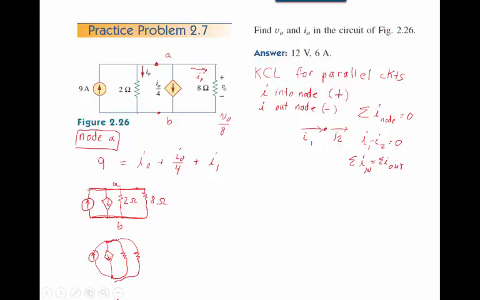Are you convinced now? So if I measure the voltage between here and here, voltmeter, the voltage is the same, right?